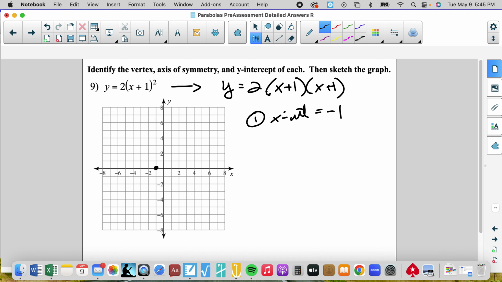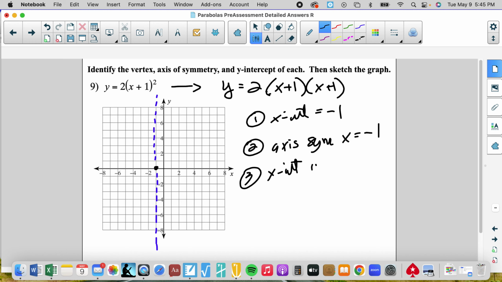So that's a bummer, but it's also pretty good because if it bounces off of it, then that's my vertex. So my x-intercept is not only my axis of symmetry. Axis of symmetry is x equals -1. And my x-intercept is my vertex, and that location is -1, 0.